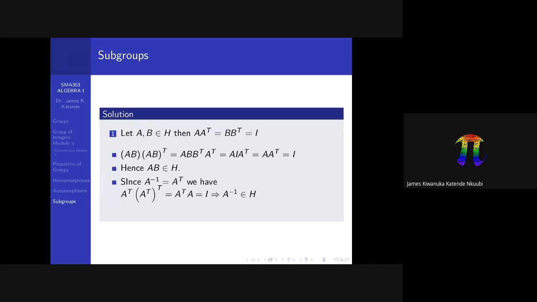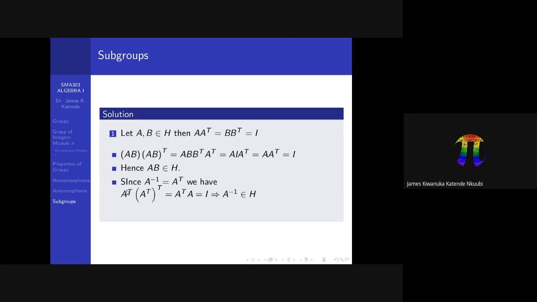The next thing we need to check is the inverse. By the way the set is defined, if A is in H, its inverse is just the transpose. So we can check if the inverse is also orthogonal. To check if it's orthogonal, we multiply it by its transpose.